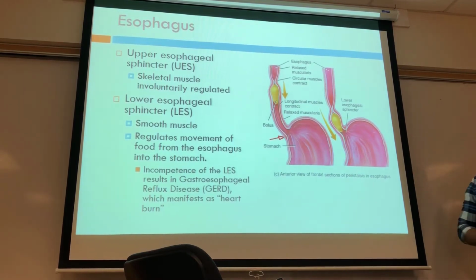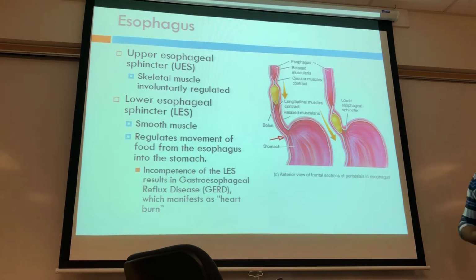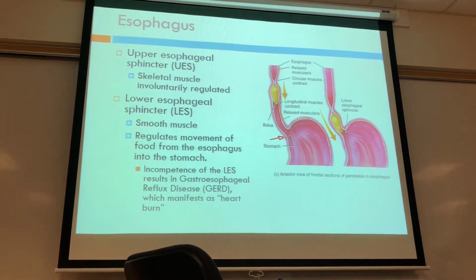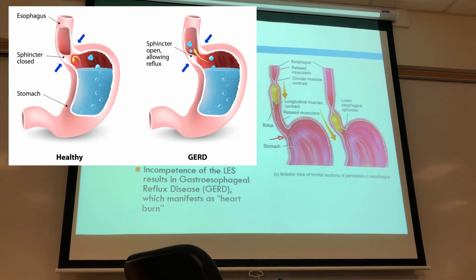This area, though, is a common area for what's called GERD. GERD, already written down for you below, is gastroesophageal reflux disease, where our stomach has a pH of 2 and our esophagus is probably around a pH of about 6.